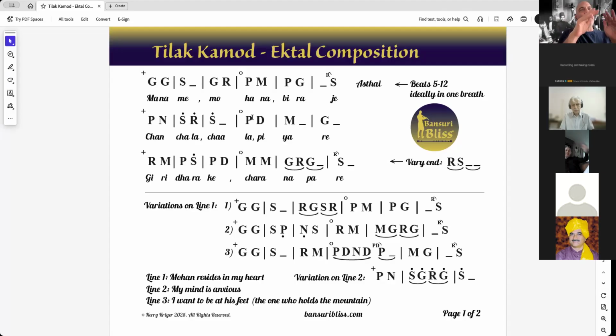Because you were going up, up, up every time for your ornamental notes, and now you're going down to hit your ornamental notes, it could sound strange, but that's up to you to determine. Either way is fine. Here, from the sa to the pa, pa ni sa re sa pa, I went up to get down.